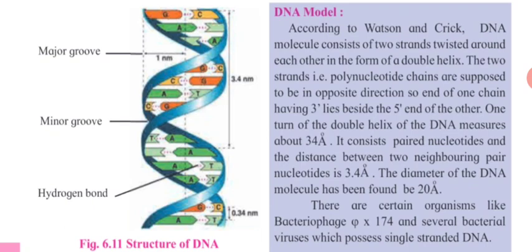And so these two ends of the polynucleotide chain are called 3' and 5' ends respectively.